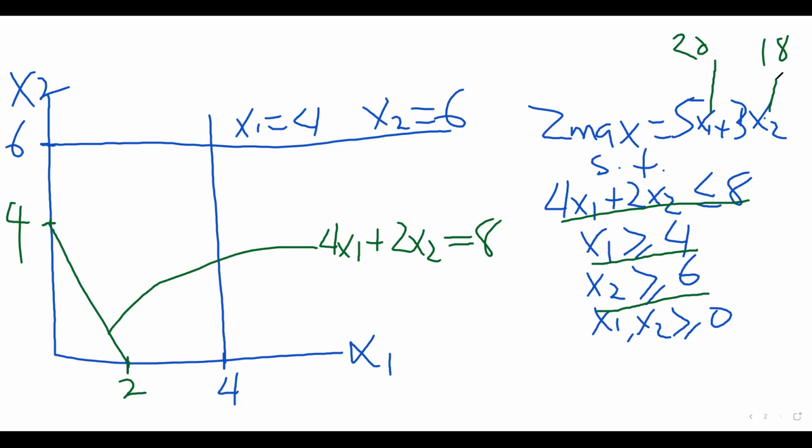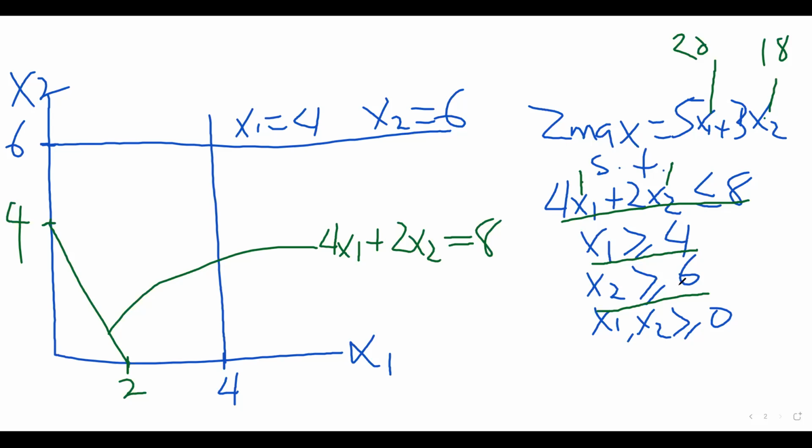Perfect. Now, if you tell me that x1 is 4, watch it carefully. I drop that 4 in the second equation. It must be binding, or at least it must be feasible. So if you drop x1 into the first one, you get 4 times 4, which is 16.